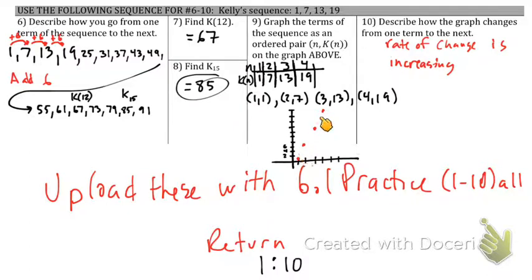Can I connect these as a line? Is it going up constantly? Because we're adding, a big hint is when you have to add to get to the next term, it's usually going to be a constant rate of change. We're constantly adding something. So increasing, and then we would use the word constantly or constant.